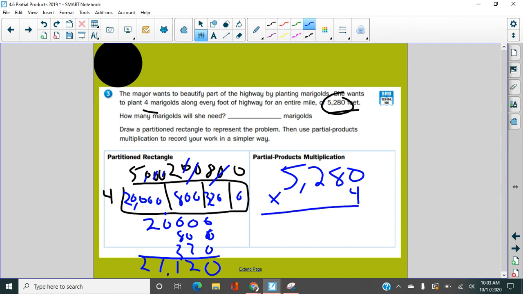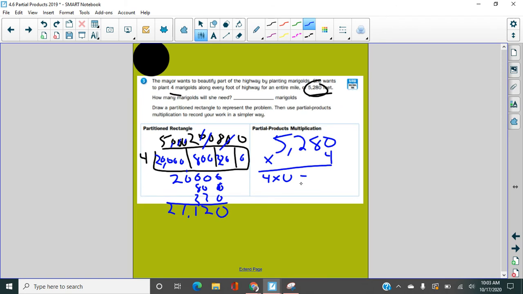So 4 times 0 equals 0. 4 times 80 equals 320. 4 times 200, look, 0, 320, see? 4 times 200, 4 times 2 equals 800, which is over here.